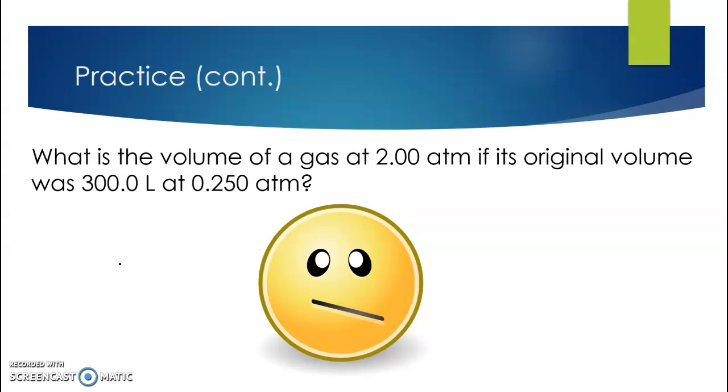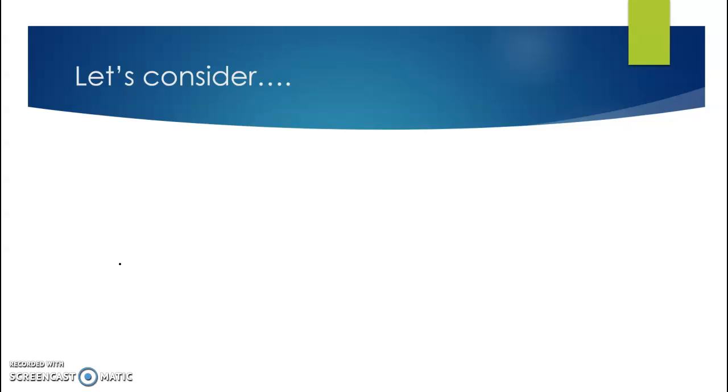So before we get to this problem itself, let's consider the following situation. I'm going to do some color changing because I like to. Let's say I have a particular gas, and it is under situation 1. So here's my gas. It's in, maybe, let's say, a balloon.